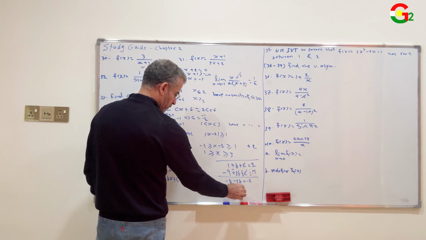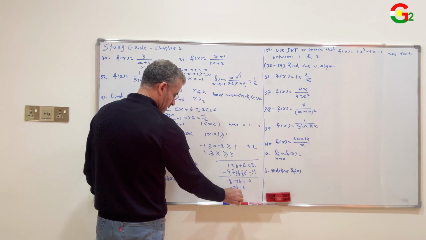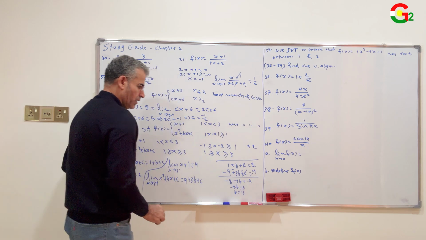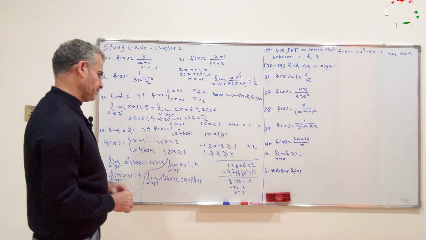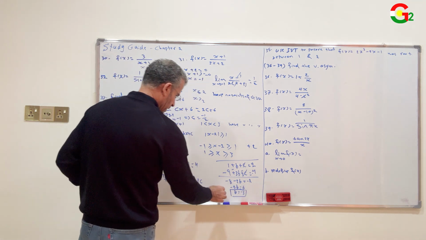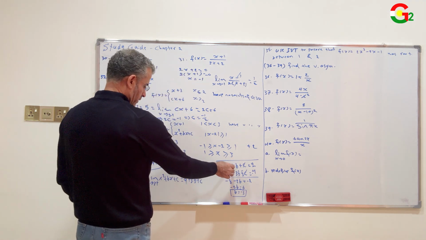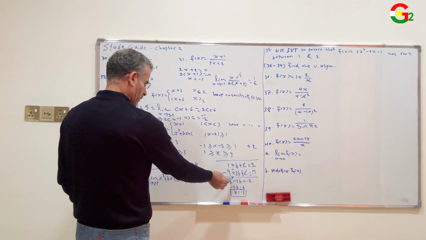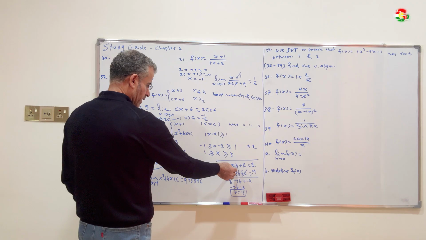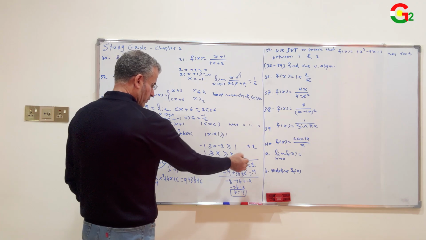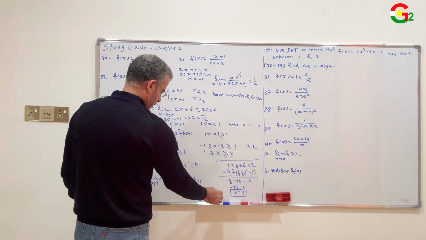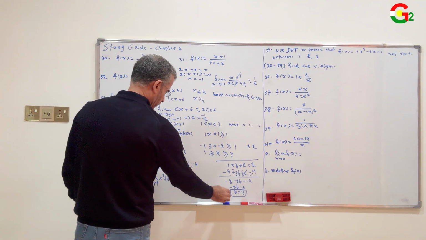Negative 2b equals 8 minus 2, 6, b equals 6 over negative 2, negative 3. Then b is negative 3. Substitute into either equation to find the value of c. 1 minus 3 plus c equals 2. Take it to the other side, positive 2, therefore c equals 4.